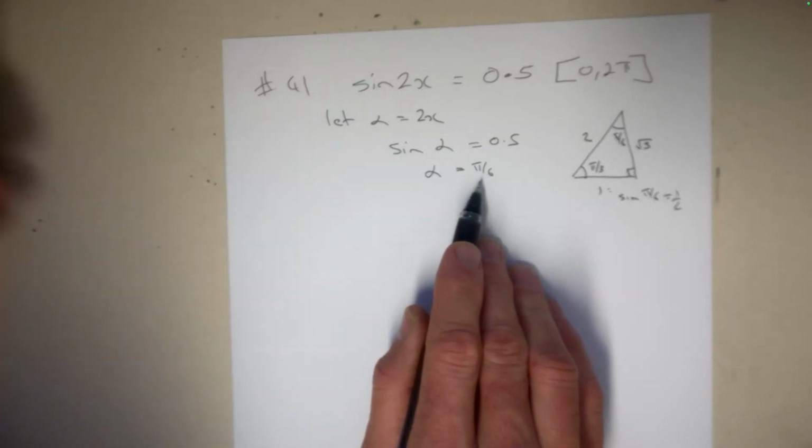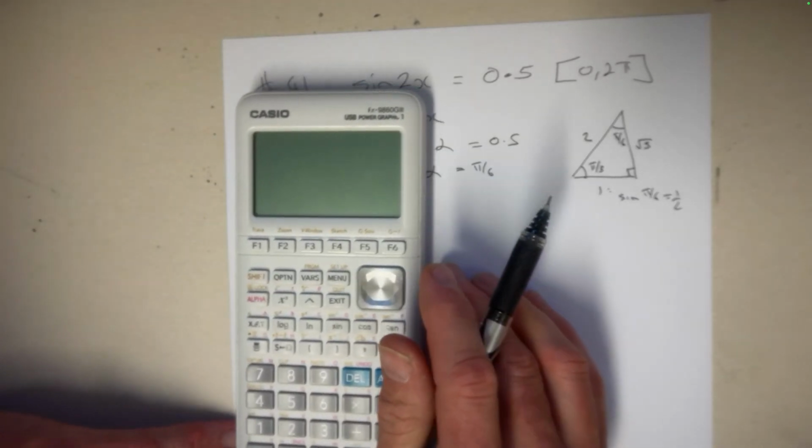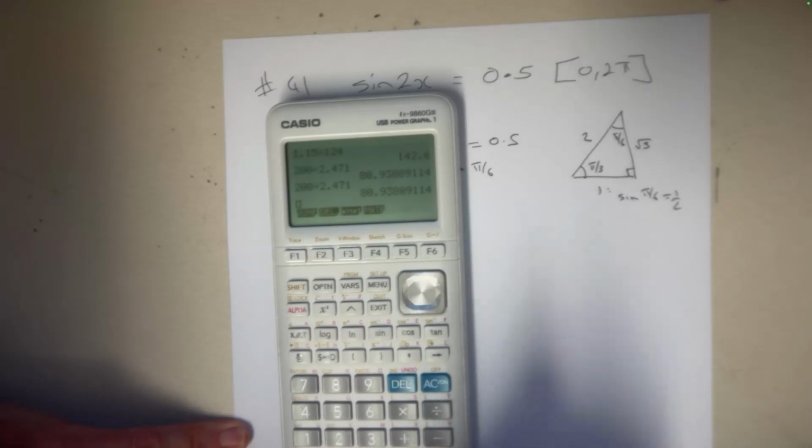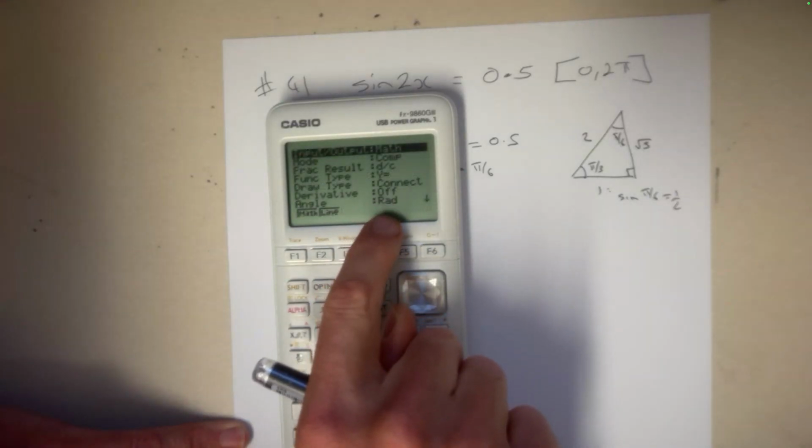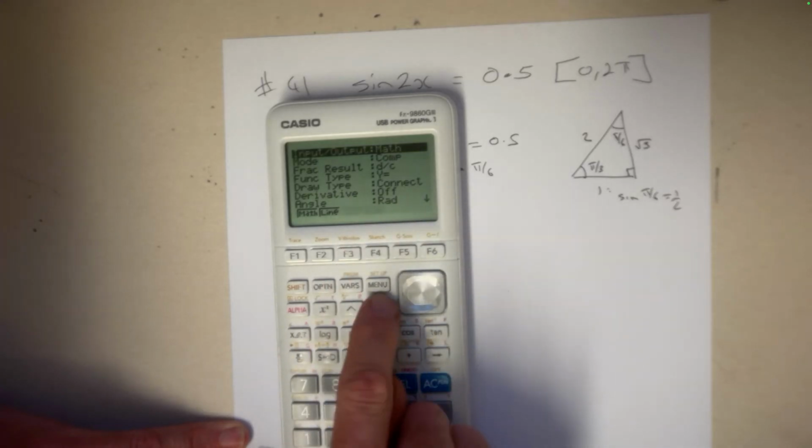Now, obviously, I could have done that on my calculator here. This calculator is a bit special, it's a more modern one, but shift setup, just confirm I'm in radians mode. Yep, okay.